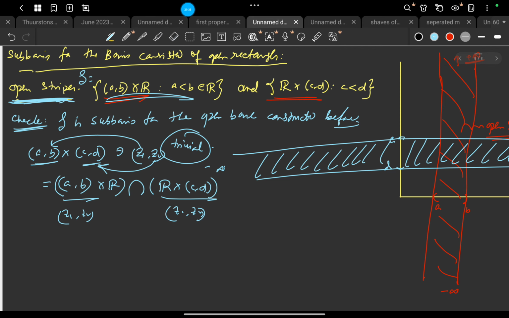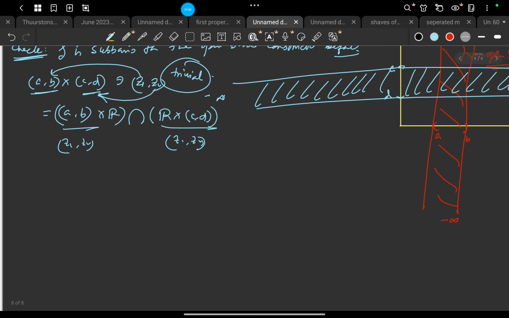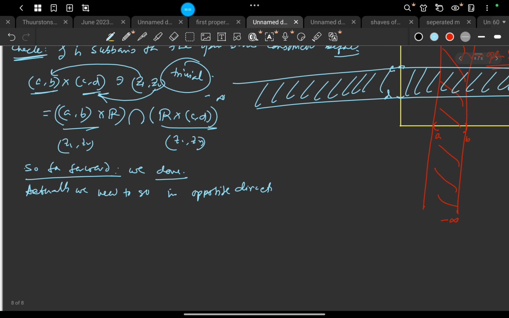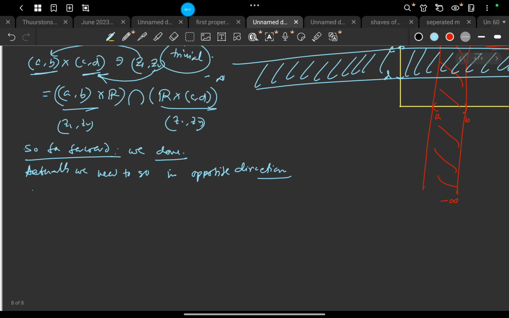So now this is a prototype that you have seen. Let me just write it here for your understanding. So far we have done it forward, but we need to go in the opposite direction. First of all, we have open stripes.